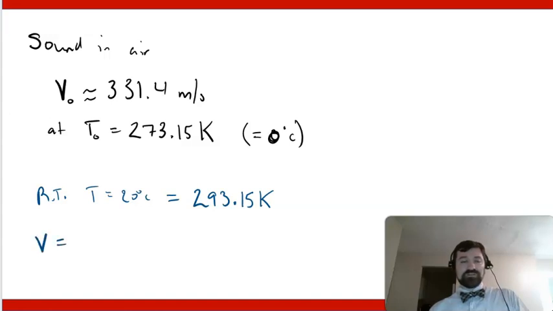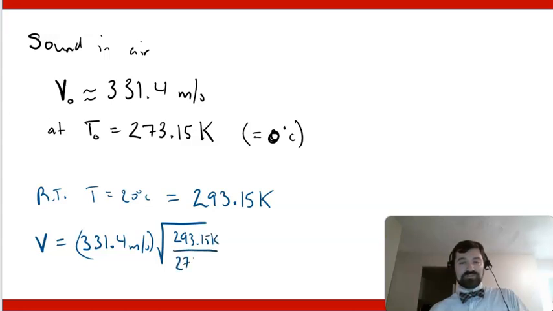So V would therefore be 331.4 meters per second times the square root of 293.15 Kelvin divided by 273.15 Kelvin.